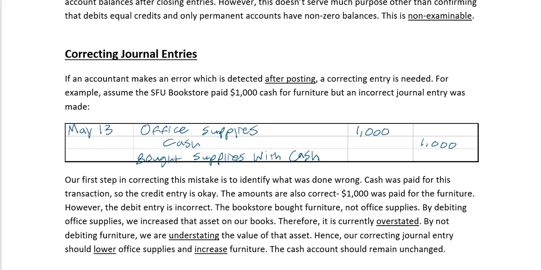Therefore, it is currently overstated. By not debiting furniture, we are understating the value of that asset. Hence, our correcting journal entry should lower office supplies and increase furniture. The cash account should remain unchanged.